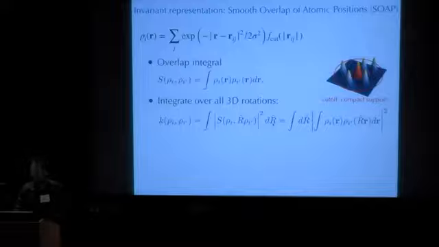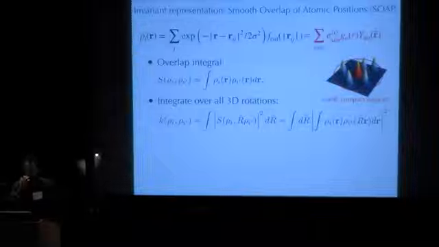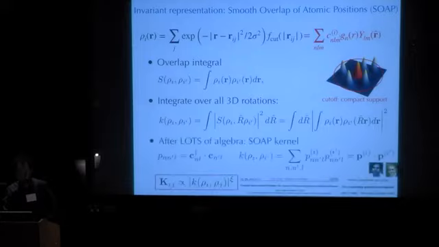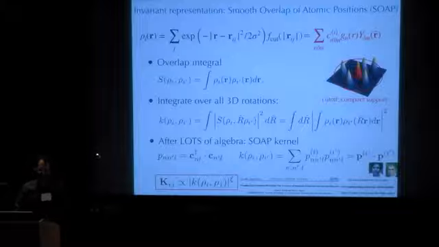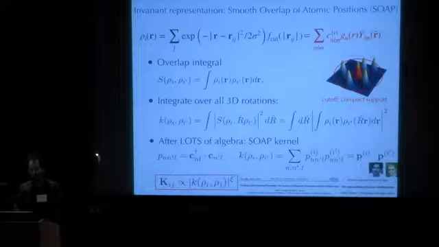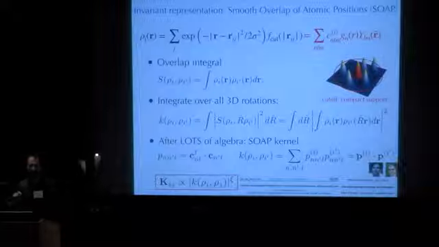And that six-dimensional integral would be quite nasty to evaluate explicitly, but fortunately we don't have to, because a piece of harmonic analysis and work of Risi Kondor shows us that if we expand this density in spherical harmonics, then the square of those spherical harmonic coefficients, C dagger C, is called a power spectrum, P, and this K turns out to be just P dot P. So this K that we defined as a rotational integral of the square overlap of densities is exactly equal to P dot P, where P is C squared.